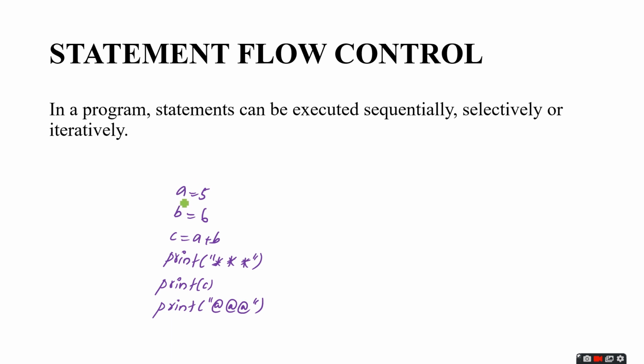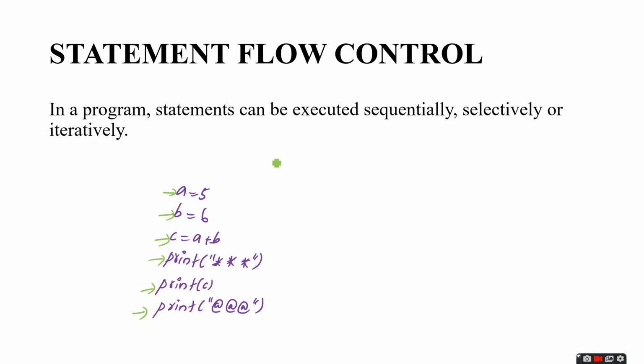That means the order of execution is the flow of execution. When the Python compiler sees this program code, it will read the first line, then the second, then the third. So the flow of execution is in this way: first, second, third, then fourth, fifth, sixth. In this way, the execution takes place. This is known as the flow of control or the flow of execution in Python programming language.